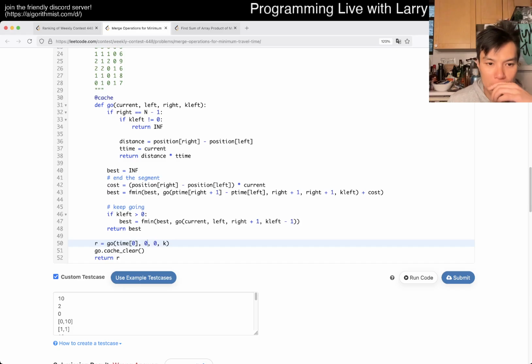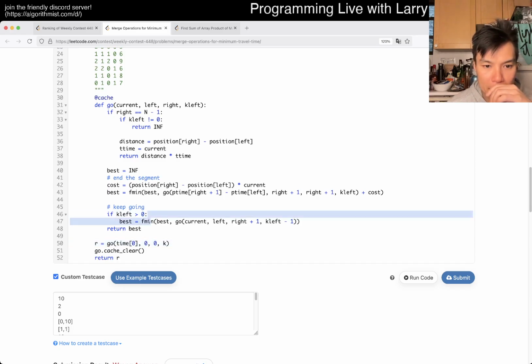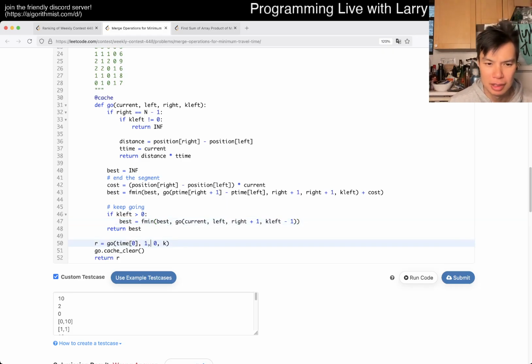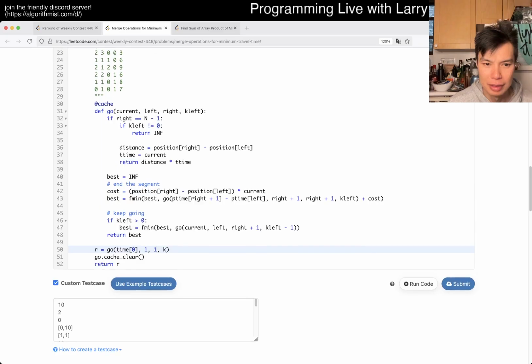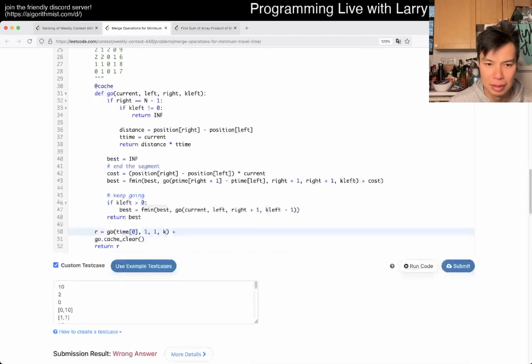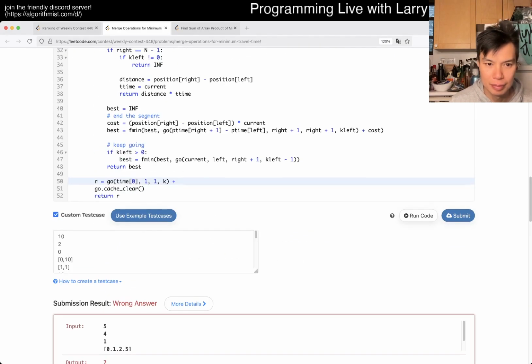And then we keep going by merging, but we can't. So is this? I don't know. Well, this will always be true, so maybe that's, but this seems pretty wonky though.